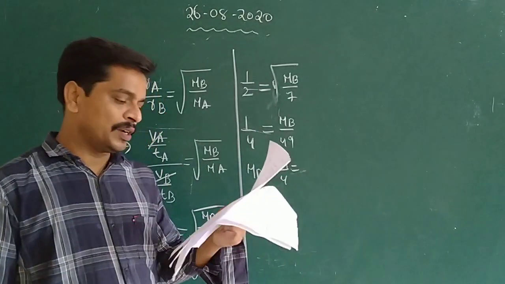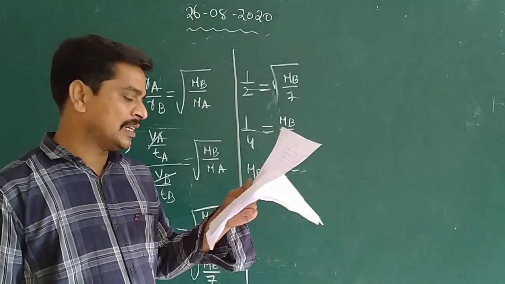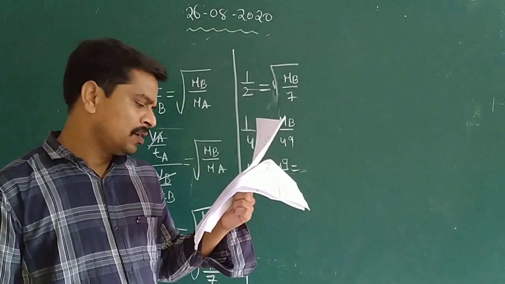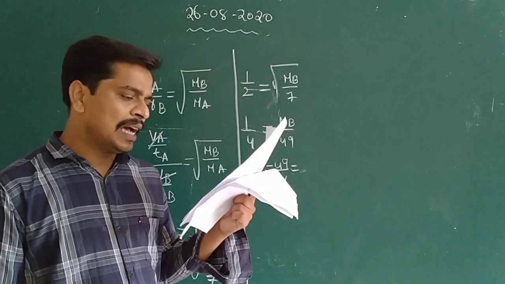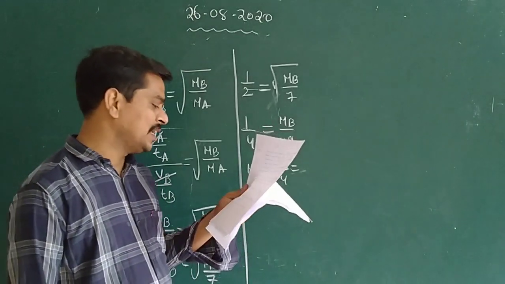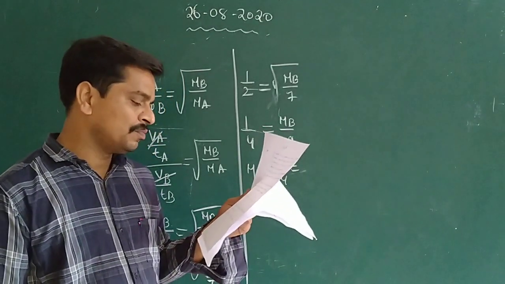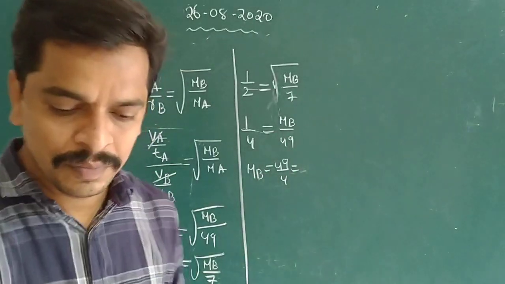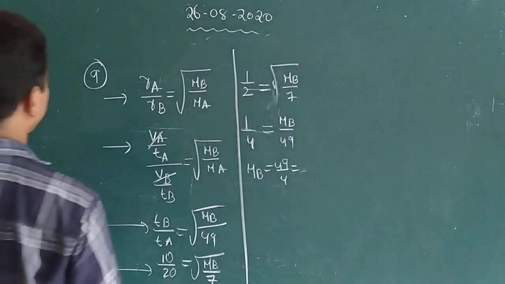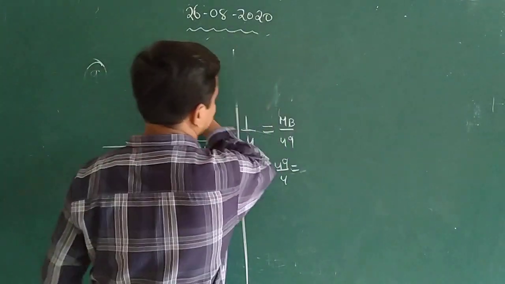Question number 10, students. A certain gas takes 3 times as long to effuse out as helium. Then its molecular mass will be.